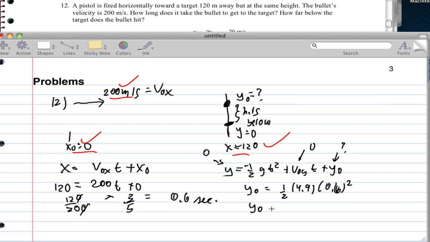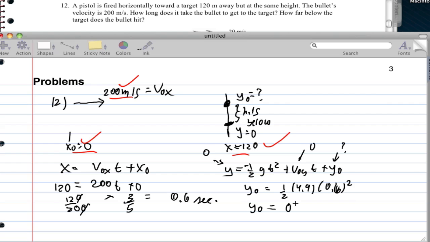So I end up getting a height that it falls from of 0.5. So I'll just go ahead and get these numbers. And I end up getting, it seems a little extreme. Let me just double check it. So 4.9 times 0.6 squared.